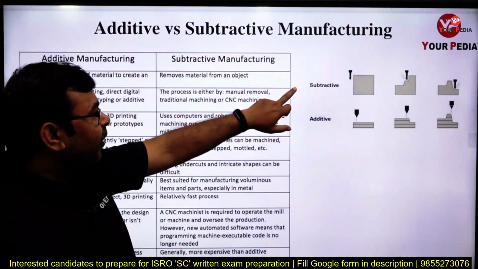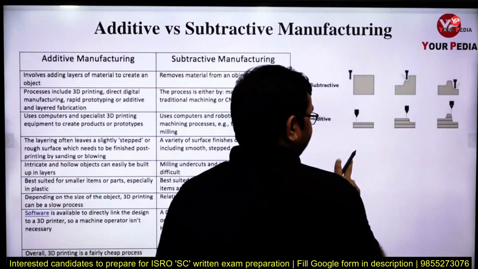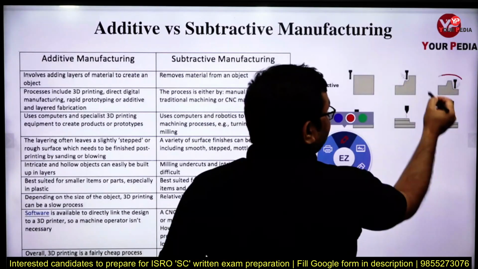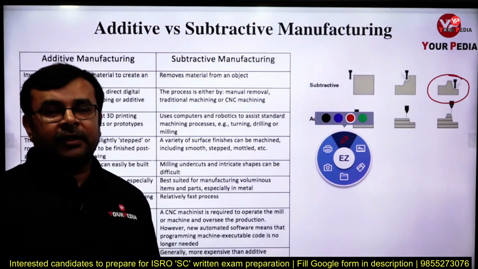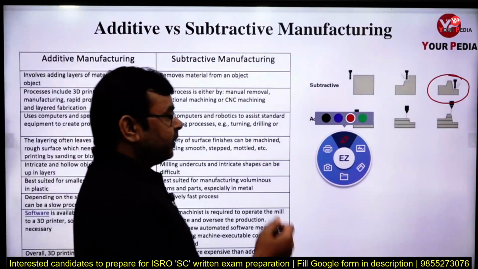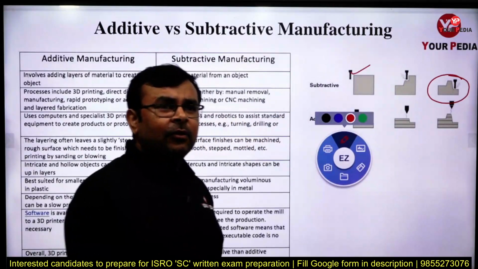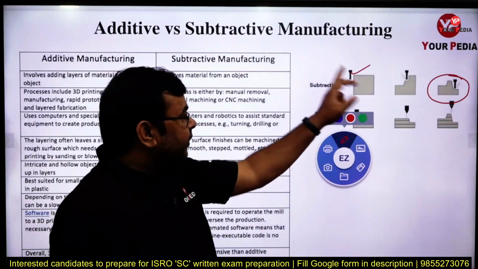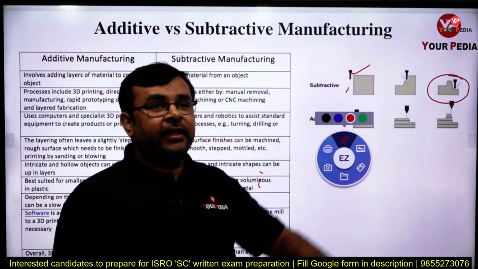So let us see, if we talk about subtractive manufacturing, suppose this is our final product, correct? We need to produce this. Then how can we produce it? With the help of a conventional subtractive process. This is the raw material, yes or no? In this raw material, with the help of machining tools, we can remove some extra material, yes or no?